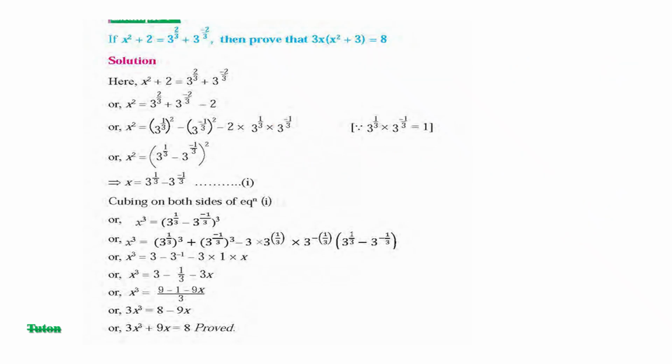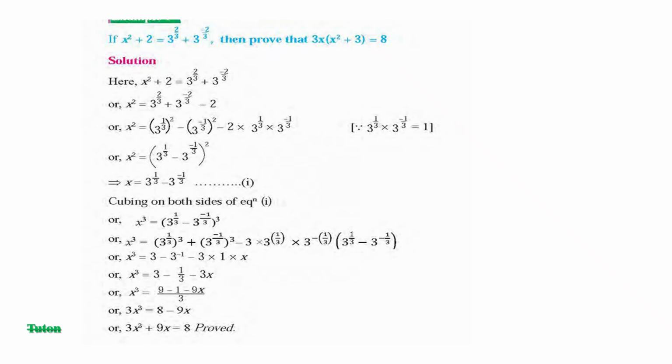Now we first note down the equation that we have been given in the question, and then the positive 2 on the left hand side will be taken onto the right hand side. It would be negative 2.